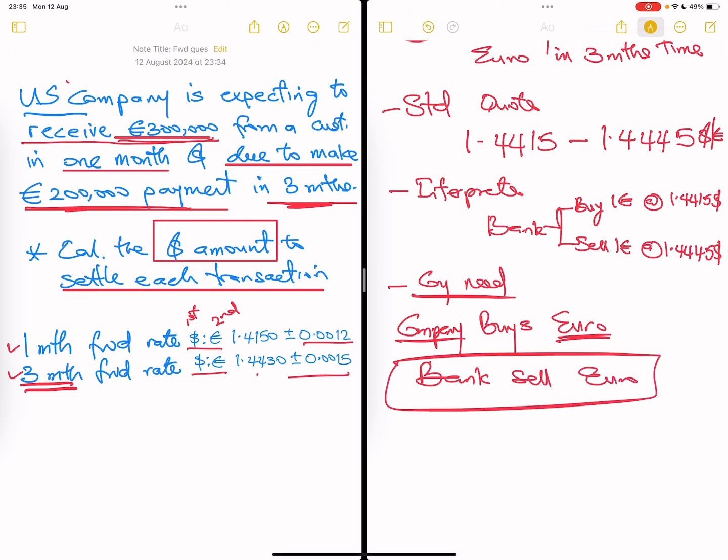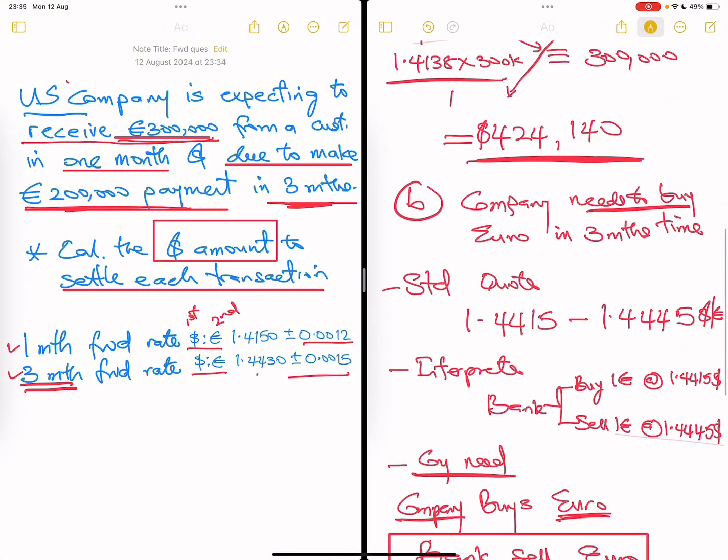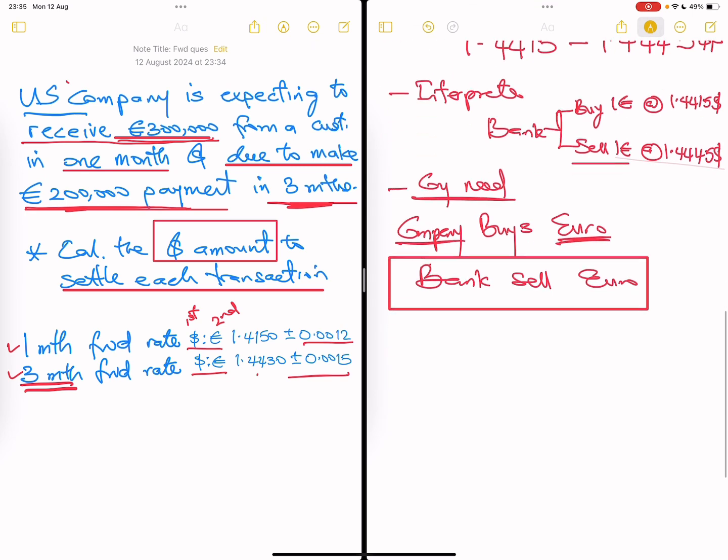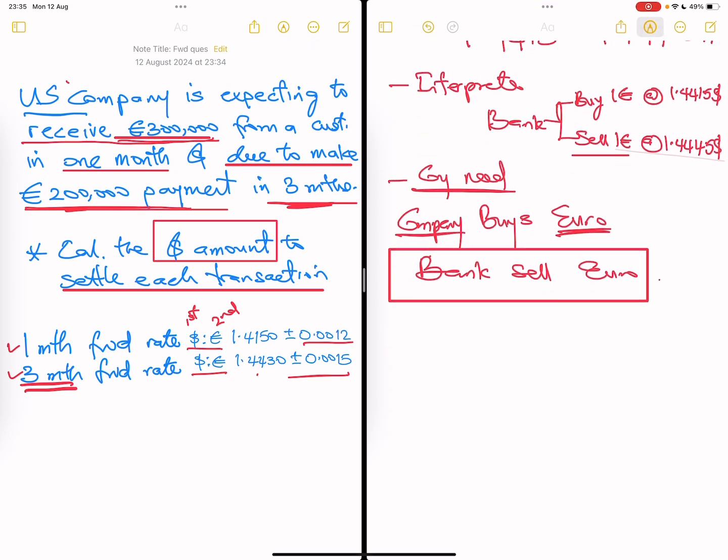This is where it ends to pick the right quote. So at what rate will the bank sell? That's the interpretation. Bank is going to sell 1 euro. So the bank will sell at $1.4445 for 1 euro. And once we know that, our problem is solved.